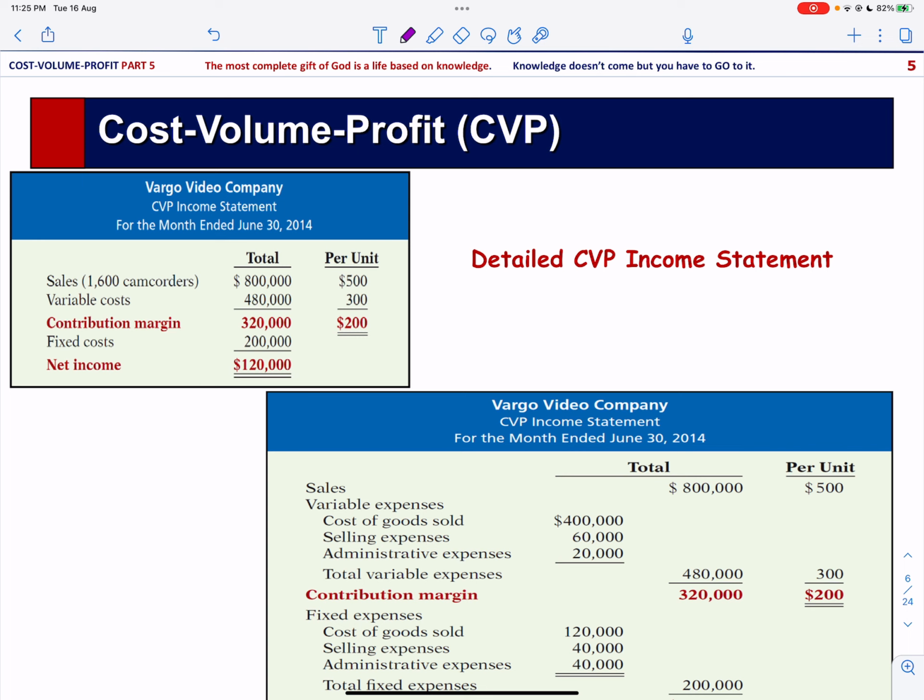All costs and expenses are classified as variable and fixed. It reports contribution margin as a total amount and on a per unit basis.